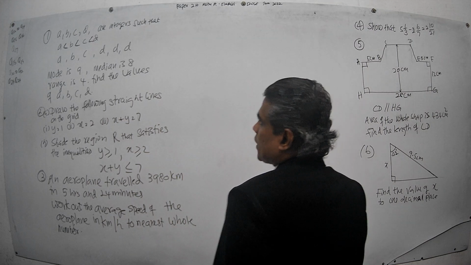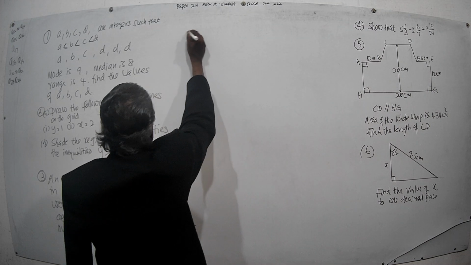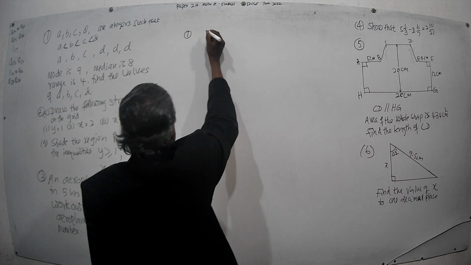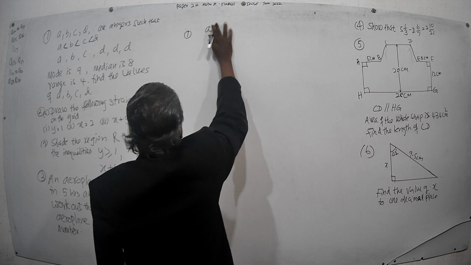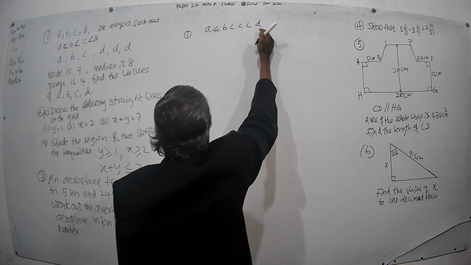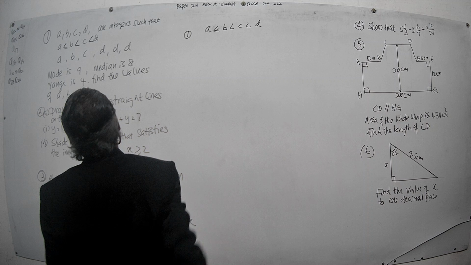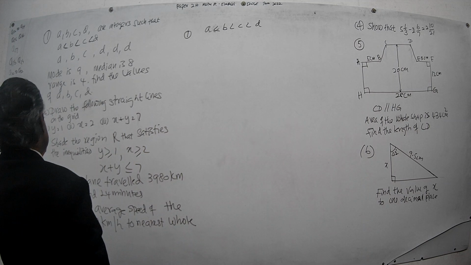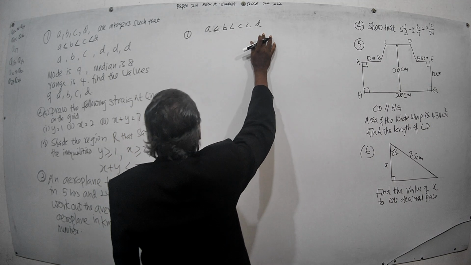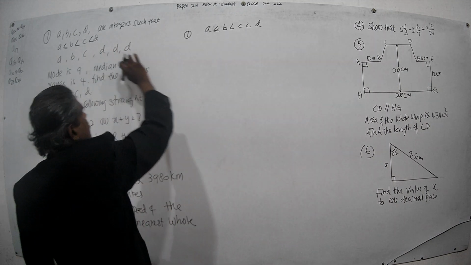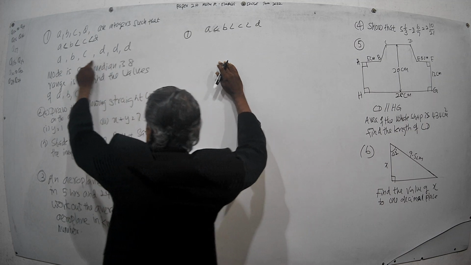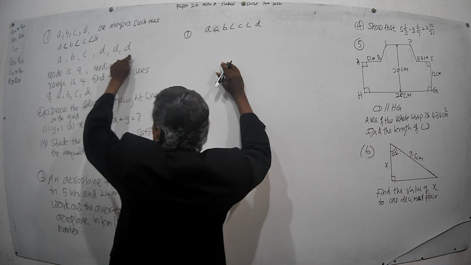Now we write question 1. A less than B less than C less than D. The largest value is D, the smallest value is A. Why this has been given is for us to understand the order, whether the integers are in ascending order or not.